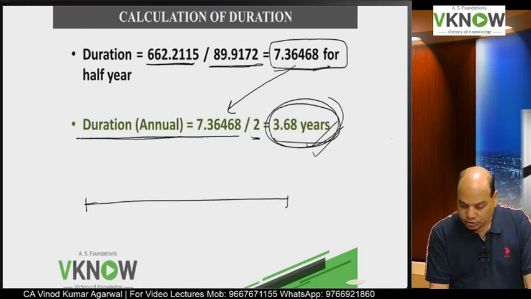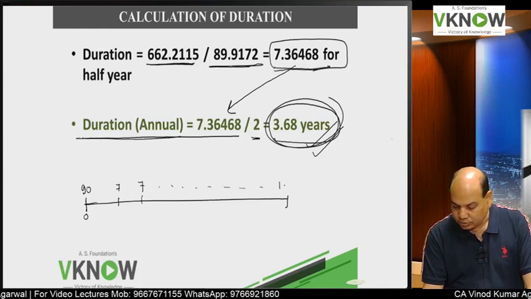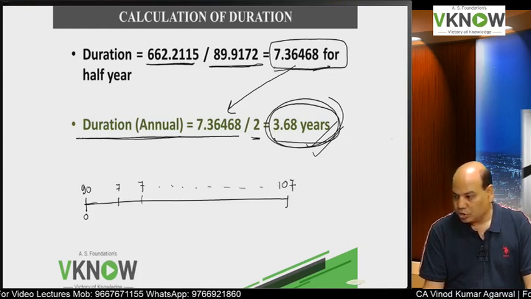So today you will invest 90 rupees in year 0. Then you will get 7 rupees, 7 rupees, 7 rupees for 10 periods, and in the last period you will get 107 rupees.